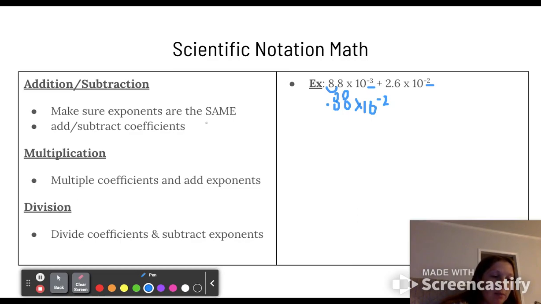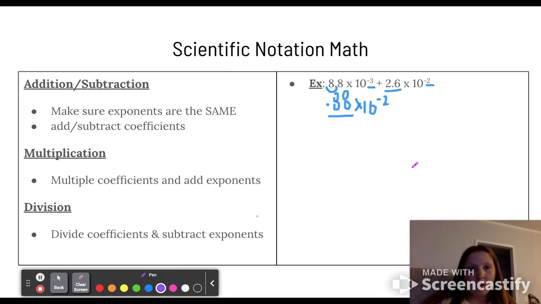So 2.6 plus 0.88, which will give you 3.48. So you're going to add this and this. So 0.88 plus 2.6, and that's going to come out to 3.48 as your new coefficient.